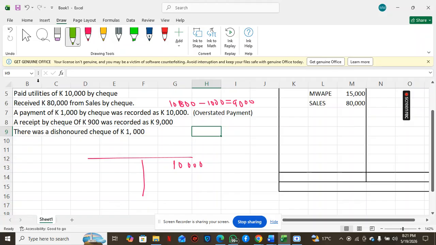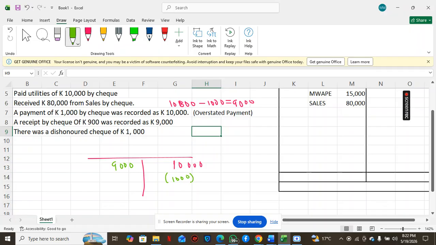We're on this overstated payment. Since we've overpaid, to correct this error, we need to debit. Because when we debit, 10,000 minus 9,000 gives you 1,000 kwacha. So the correct amount is going to be on the credit side, a 1,000 payment.